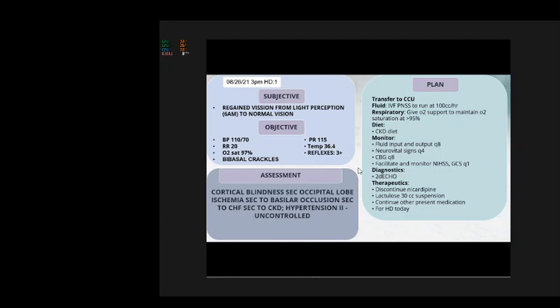Alam mo, perforating arteries, diba? So kung iisipin mo kasi siya, nag-basilar, yung just before the bifurcation, affecting both occipital lobes. Pero hindi lang naman PCA yung nasa dulo ng basilar artery. You also have your thalamo perforating. Okay? And if you have lesions of your thalamus, what will the patient present with? Ano, Dok?